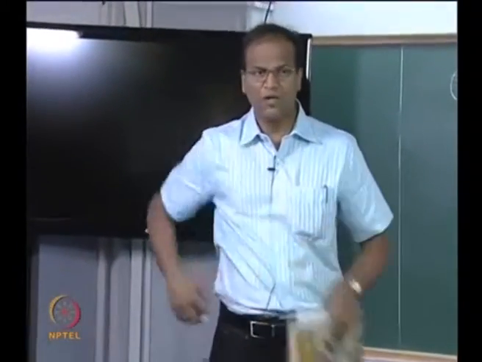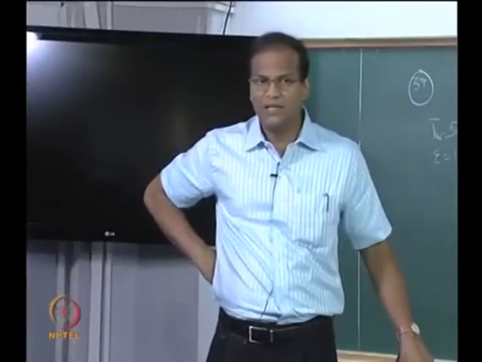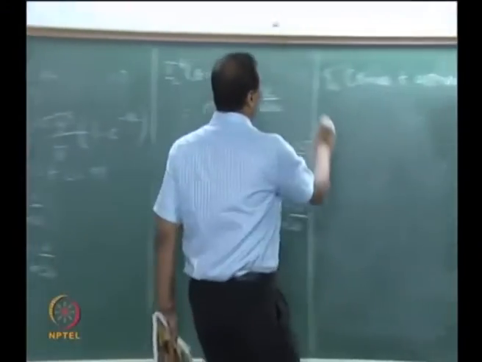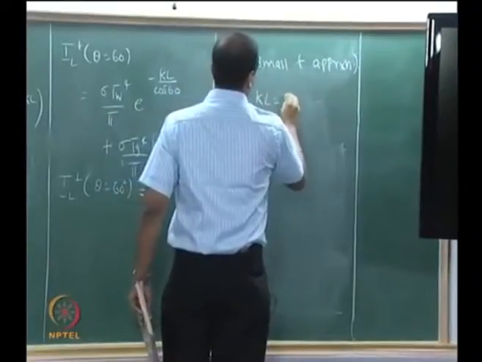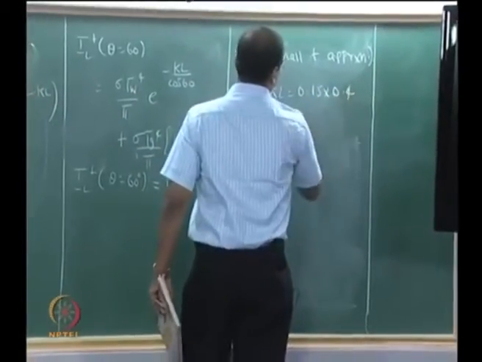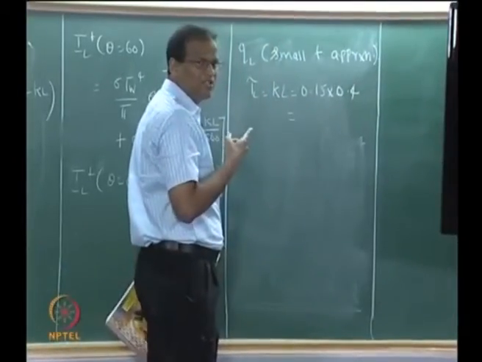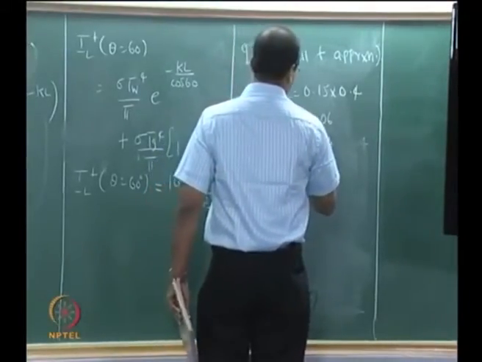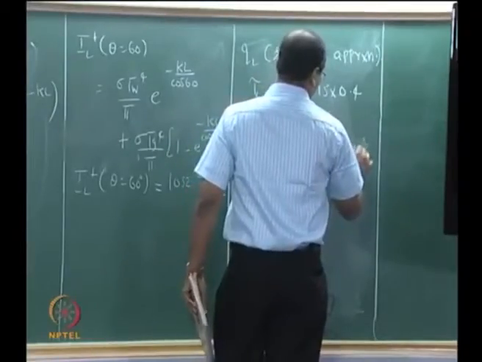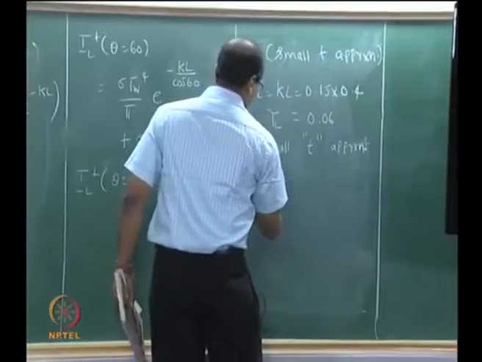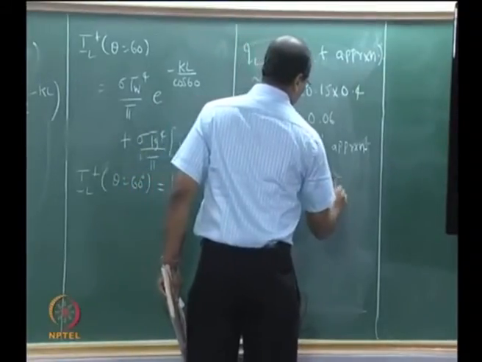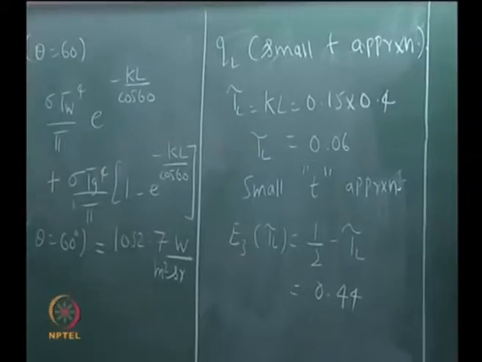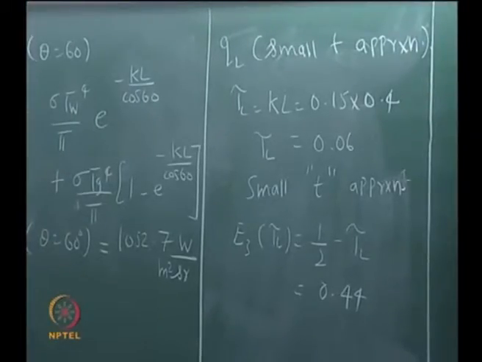Small t approximation. What is small t approximation? E3 of t equal to half minus t, where t is how much? 0.06. Correct, that is my small t.